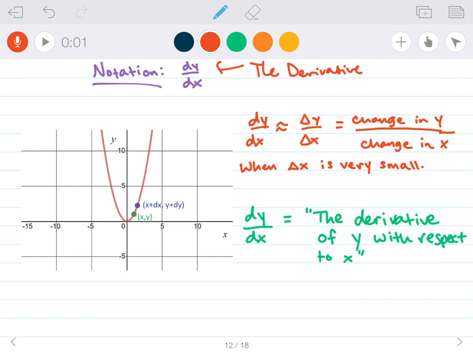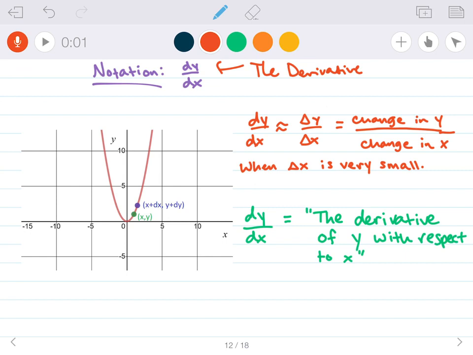Another way you can think about the d is d for delta, delta meaning change. So when delta x is very, very small, then dy dx is going to represent the slope of the tangent line, okay?